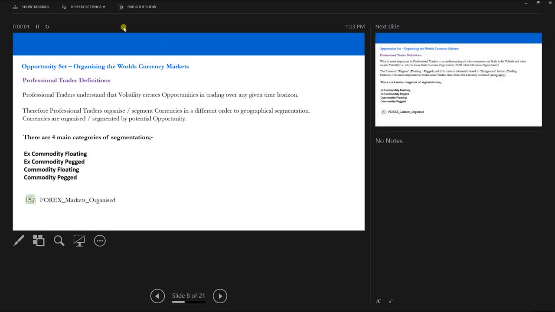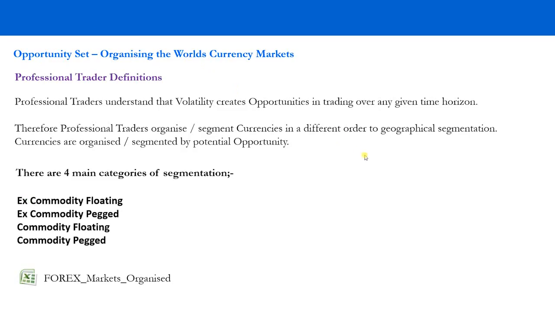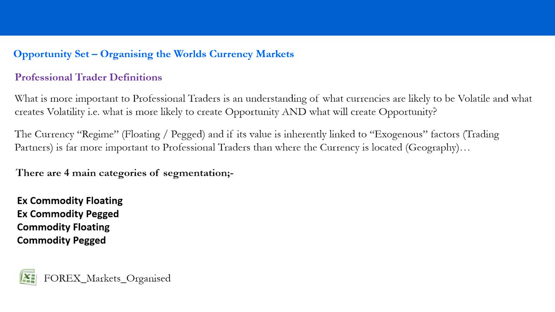Just familiarize yourself with it, because it's important to start getting familiar with these definitions, because we build on these things later in the video series. And the Forex markets organized sheet, we have the breakdown in the presentation. So if you just download it, you can familiarize yourself with it in your own time.